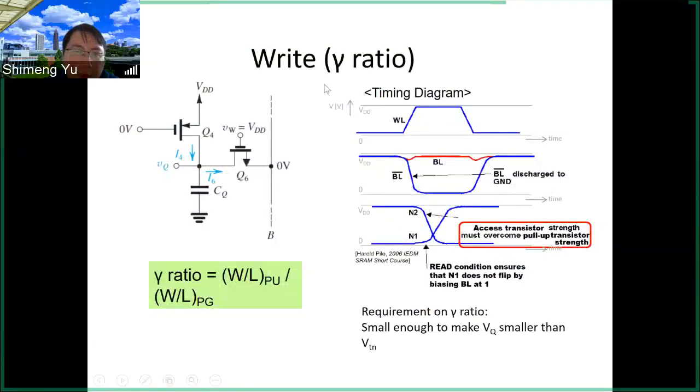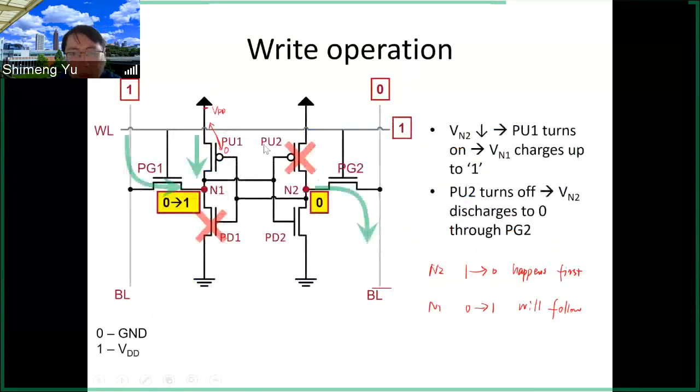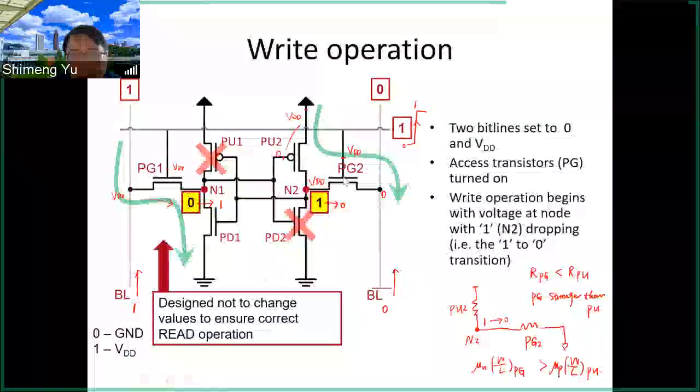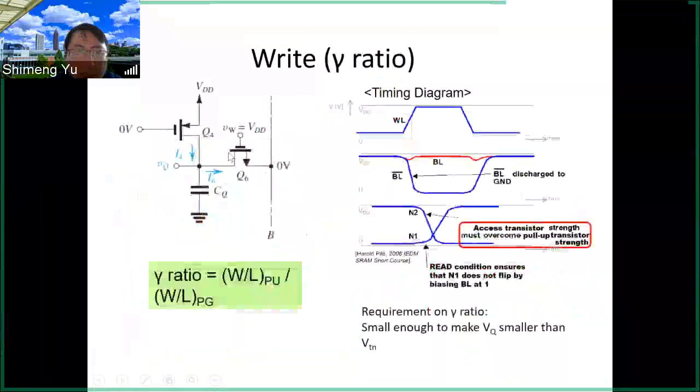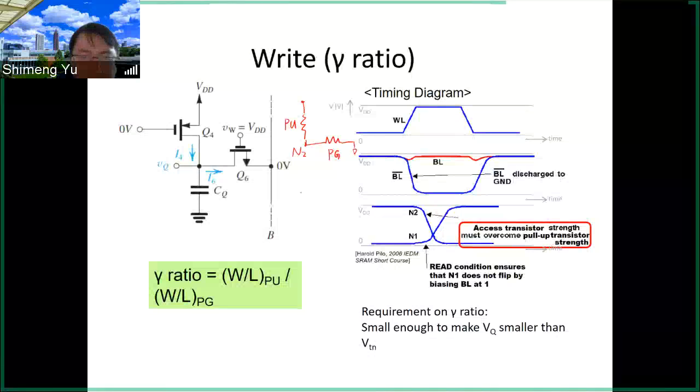So here then we can define this gamma ratio as well, and we have talked about this earlier. So basically if you care about the PU2 and PG2, then we can have this voltage divider as we just discussed. N2 node, and then this is a PU, and this is a PG, and we just said that the resistance of RPU should be larger than resistance of RPG to make the N2 close to 0.